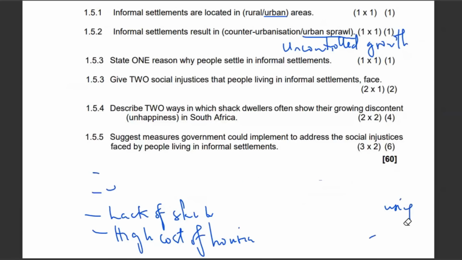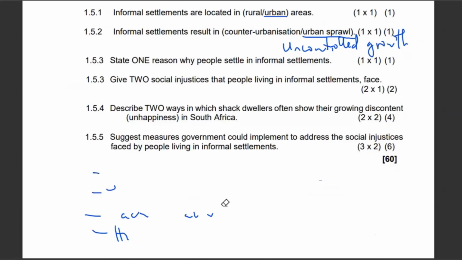Right, when we're talking of injustices, we are saying people must be having equal access to resources and a way of life. But if some are deprived of those privileges, then it's an injustice. In an urban area, we must have equitable access to resources, and also equitable access to a way of life. So there is some form of injustice that happens in the urban informal settlements.